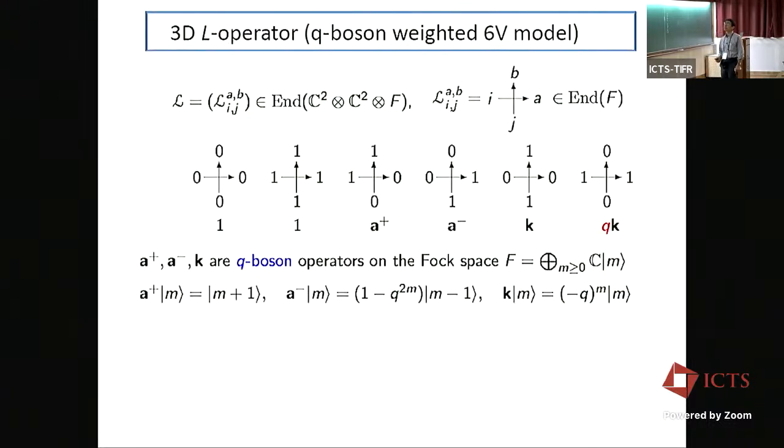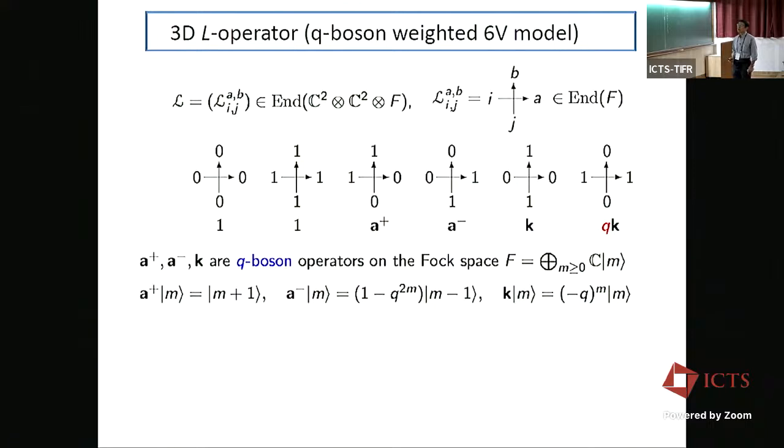That's here. So I would call it a 3D L operator or Q-boson weighted 6-vertex model. So as I said, A, B, I, J define this part, C2 tensor C2, like these arrows. But these guys themselves are operators acting on F. So its Boltzmann weights are operators acting on F. What sort of operators?